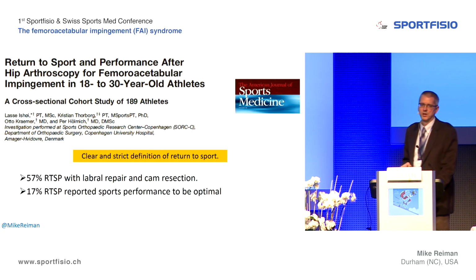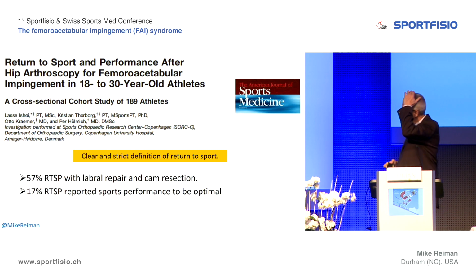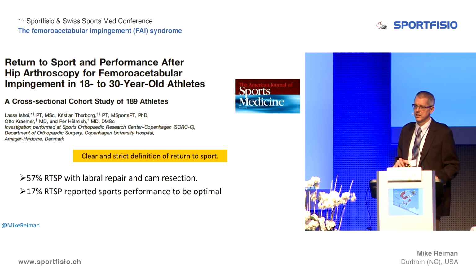Until the study from Copenhagen. And these results were even less promising than what we found in our systematic review. What they found in this study is they clearly and distinctly defined return to sport. And that is a problem, because in different return to sport studies, it doesn't really say how they get returned to sport.